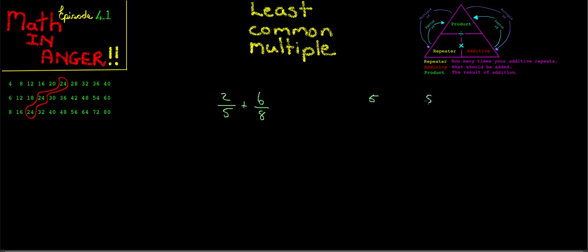The prime factorization for 8 is 2 times 2 times 2. But with the least common multiple, we do not eliminate any of our prime factors. We use all of them.